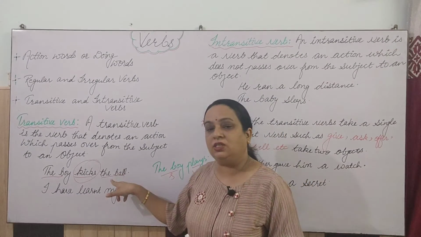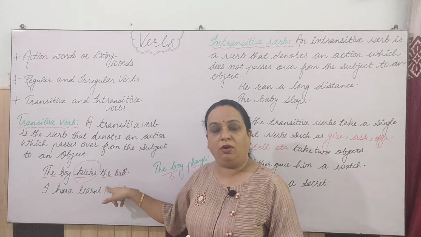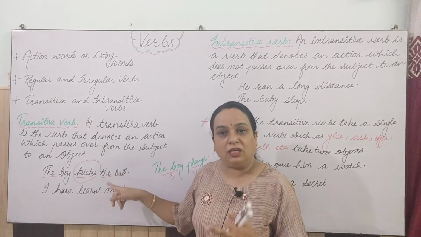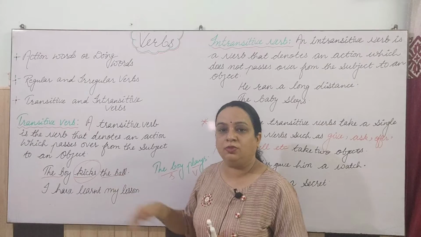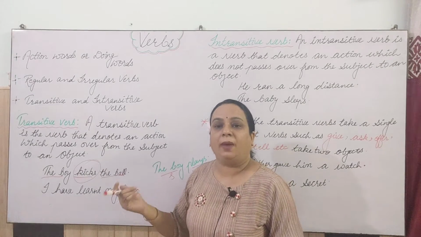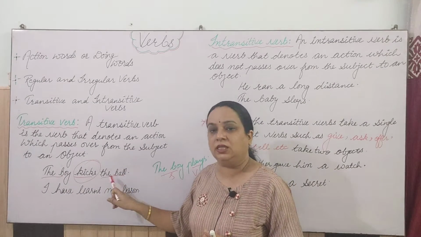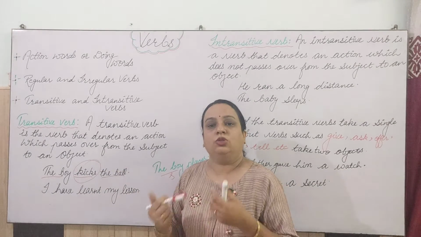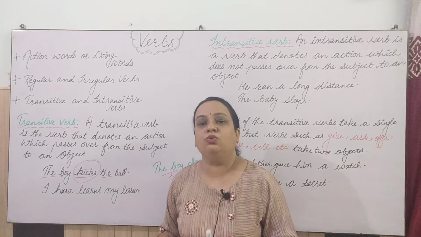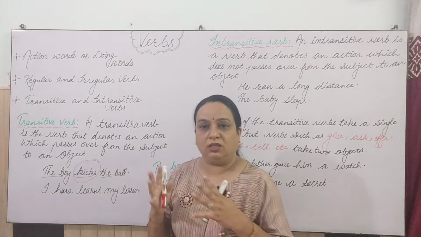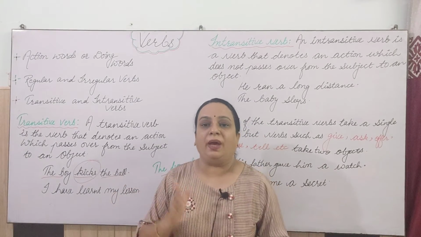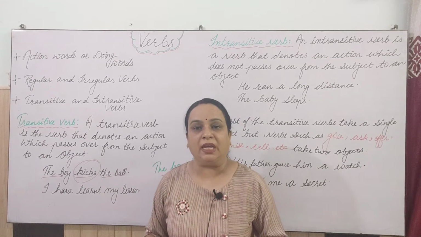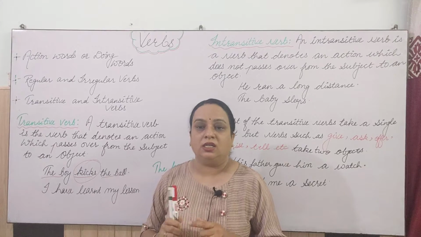Can we change this sentence into passive form? Yes, of course, because it has an object. The passive form of the sentence is: the ball is kicked by the boy. So whenever we are able to change the given sentence into passive form, we can find out that the verb in the sentence is a transitive verb.